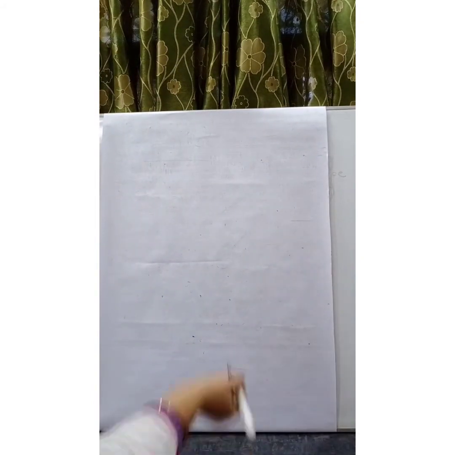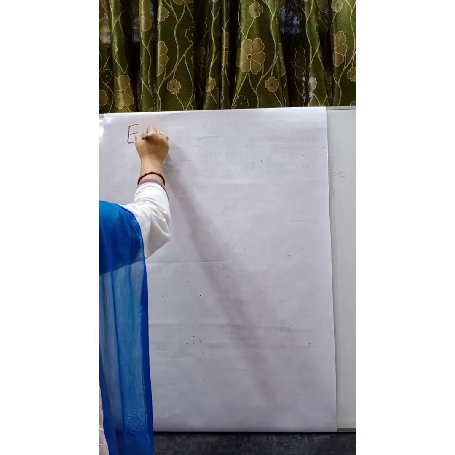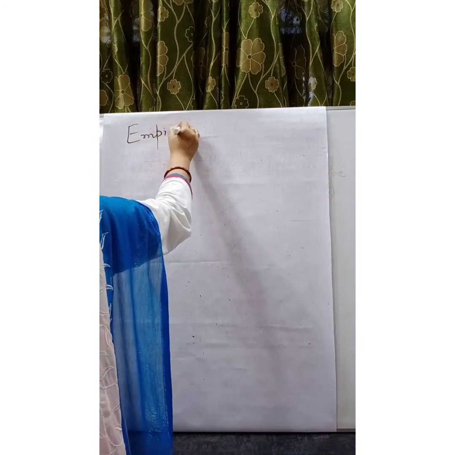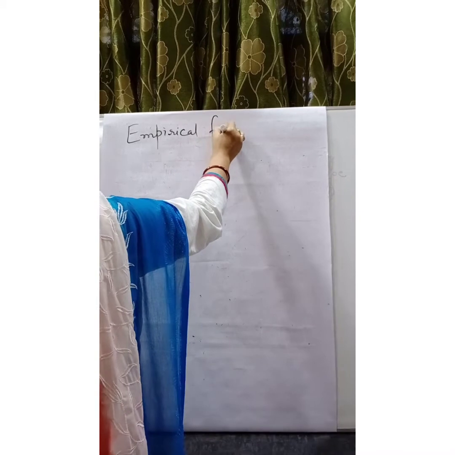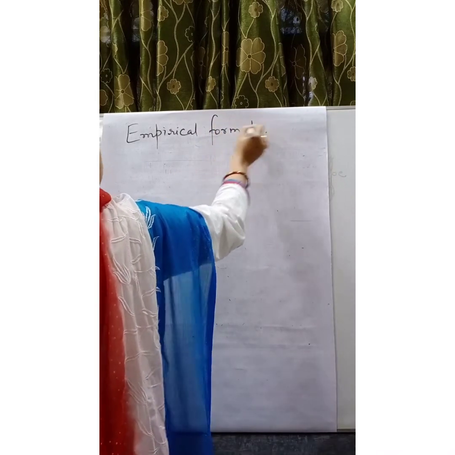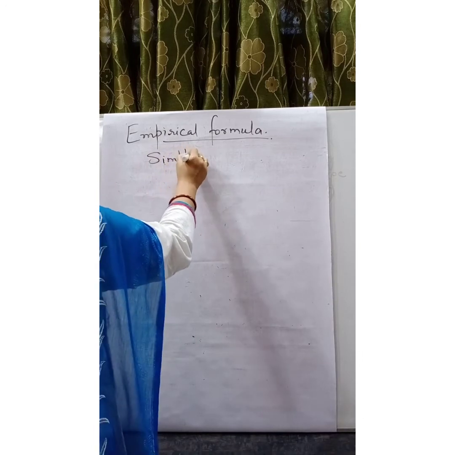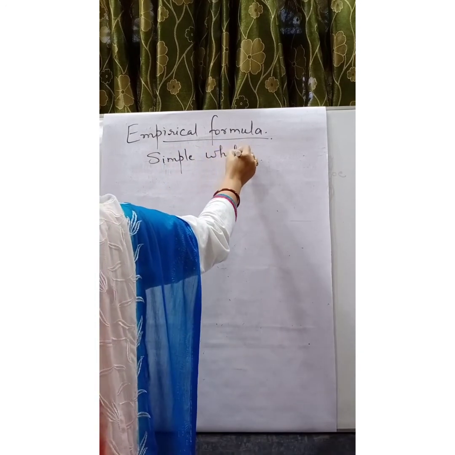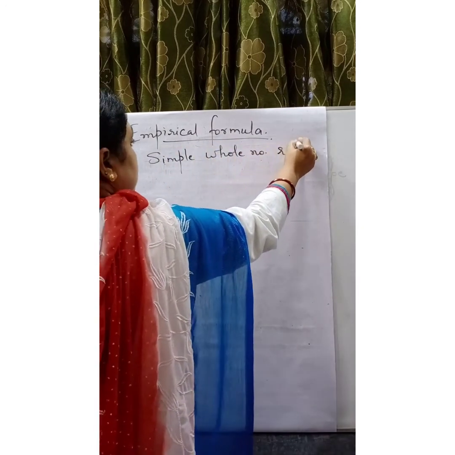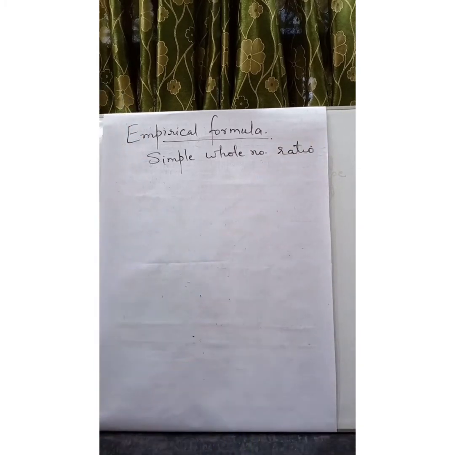Now let us understand the difference between empirical formula and molecular formula. Empirical formula is the simple whole number ratio of different elements present in a compound.